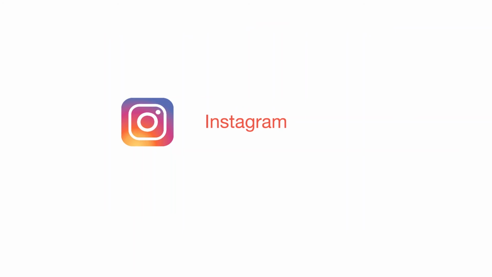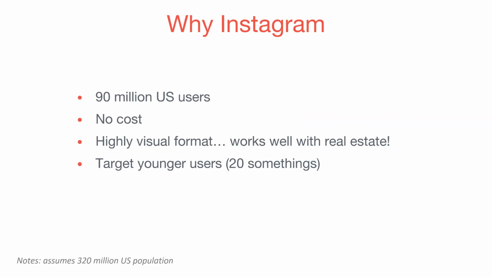So why Instagram? Well, it has 90 million users. It's no cost. It's a highly visual format, which means it is amazing for real estate. And it allows you to target younger users, those 20-somethings, because that is your best source of future buyers.